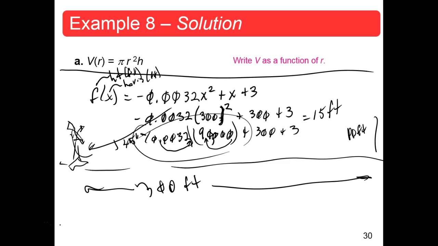So even bouncing off the wall, I don't think they're going to get it. Ball makes it over by 5 feet. But it was foul, unfortunately. No, I'm just kidding. Any questions on that? That one's pretty simple, just plugging in a function. The function tells you that kind of stuff.